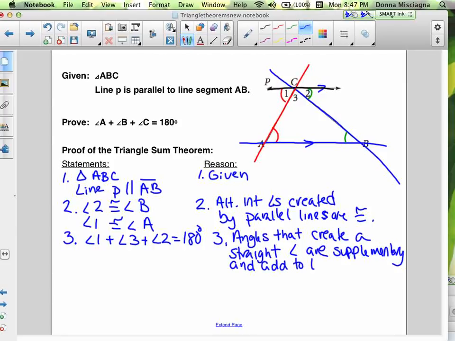And that was one of the things we studied when we were learning about supplementary angles. Okay, so we know that. So I've got angle 1 plus angle 3 plus angle 2 is 180 degrees.